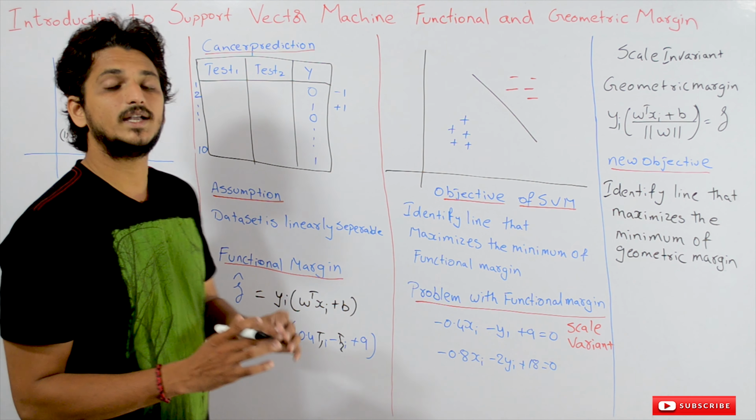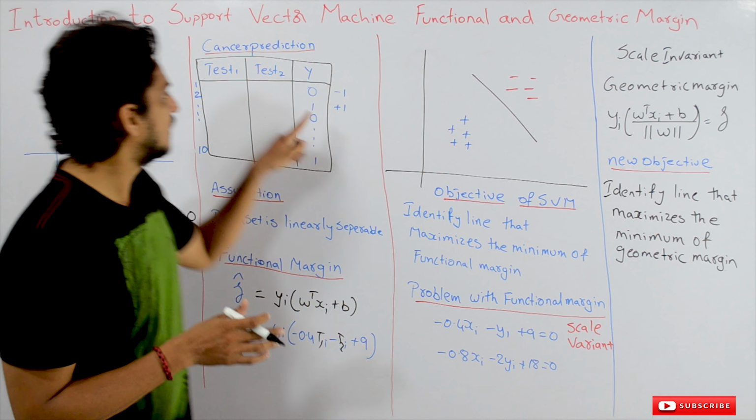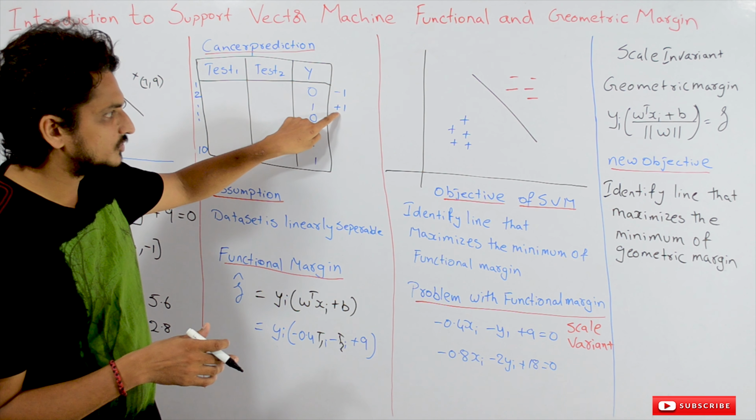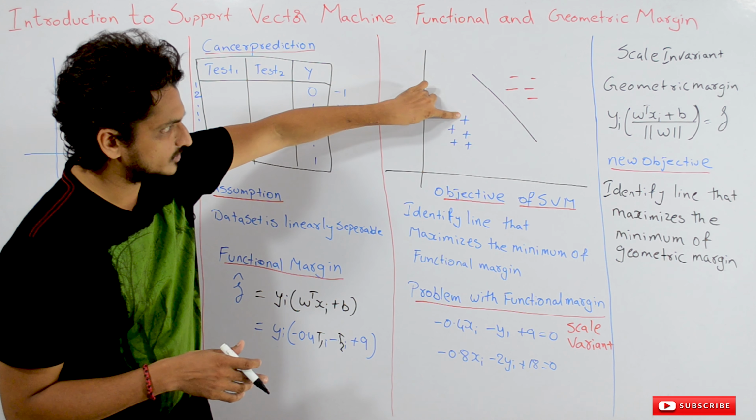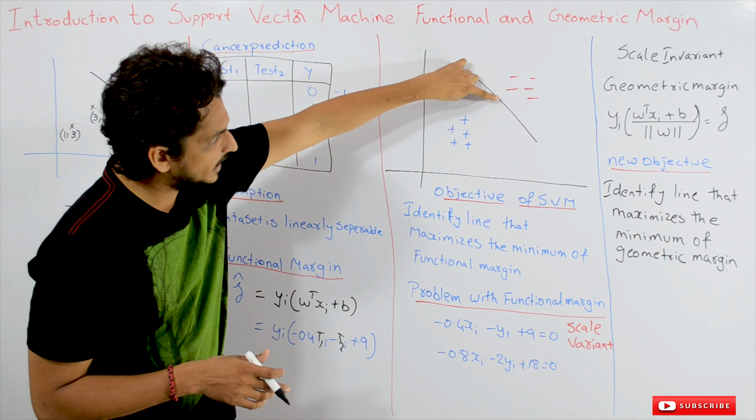That means the point is correctly classified. Actually this is a positive point, and our prediction with W transpose gives a positive value, so we predict positive. Actual value into predicted value, positive into positive, we get positive. If the total value is positive, it is correctly classified.